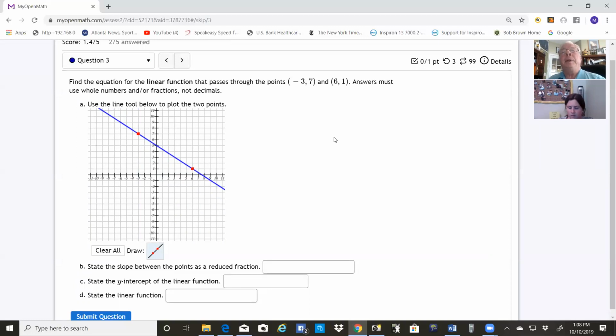Okay. And be sure, check your work and make sure you put the dots in the right place. And it asks you state the slope between the points as a reduced fraction. Tell you what, I want to grab this.